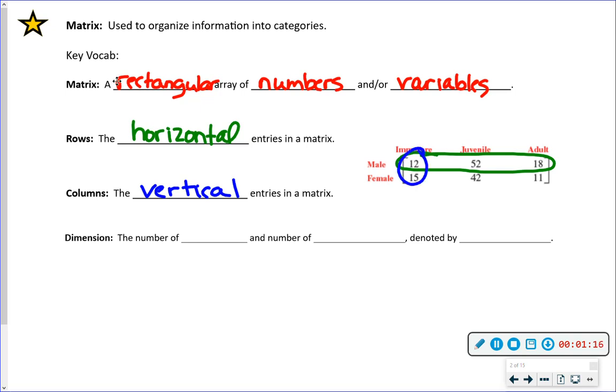Okay. Now, we're also going to be looking at the size or the dimensions of the matrices, especially when we start doing some operations like adding, subtracting, multiplying, using our graphing calculator. So it's important you can give the dimensions or the size correctly. It's the number of rows first, and then the number of columns. That's how it will appear on your calculator.